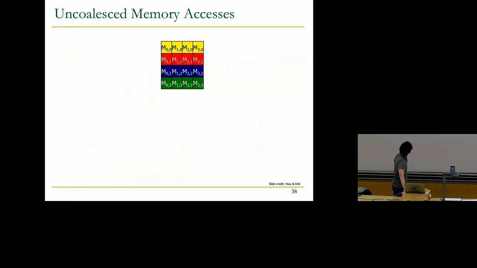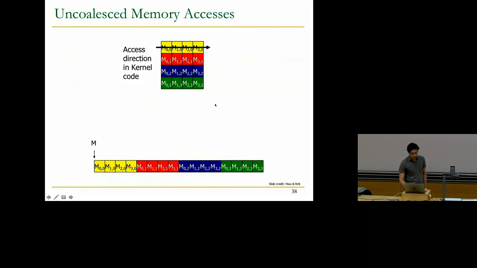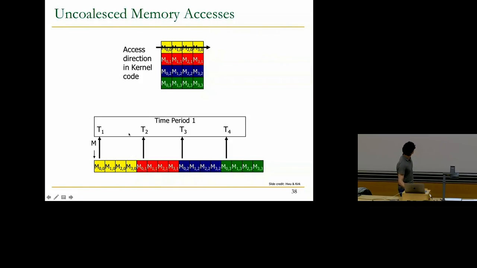Here you can see the same story, but probably in a clearer way. This is a matrix. You know that your matrix is stored in a row major layout. If our access direction for each of the threads is like this, we assign the rows to the threads, what will happen is that first thread 1 in the first memory access reads here, thread 2 reads here, and if these two are too far from each other, they will be in different cache lines.